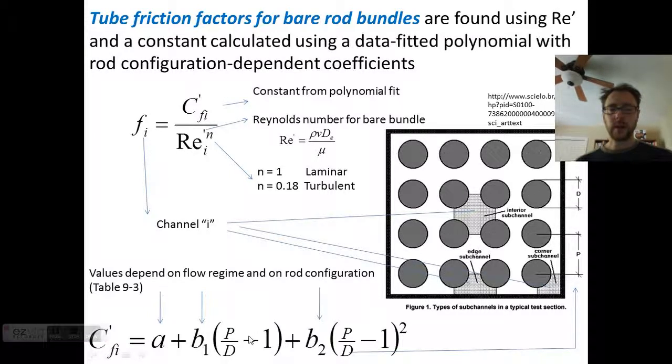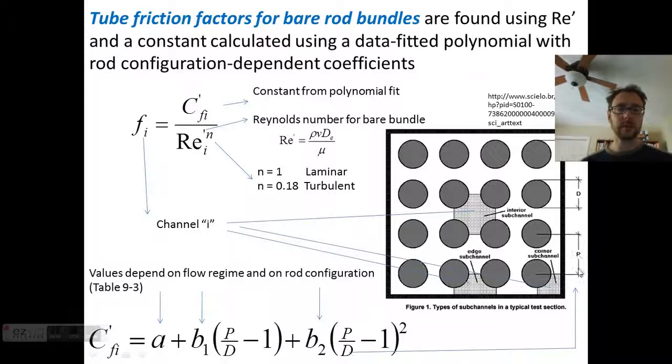Now, I've just shown the equation here to calculate CFI based on some constants, which you can find in Table 9.3 from the book, and the pitch, which is the spacing between fuel rods, over the fuel rod diameter. So P over D is pitch over diameter, a very commonly used quantity in nuclear reactor thermal hydraulics.